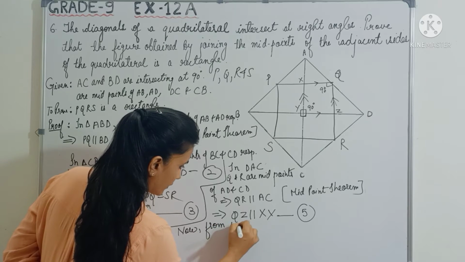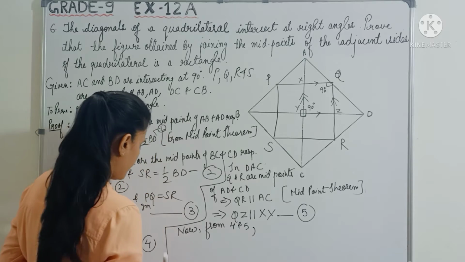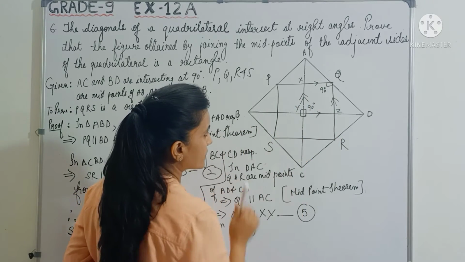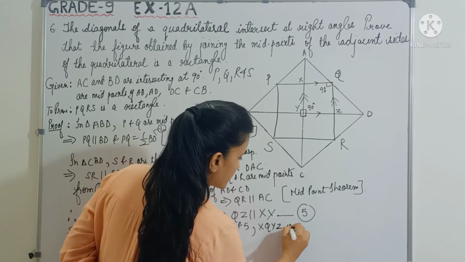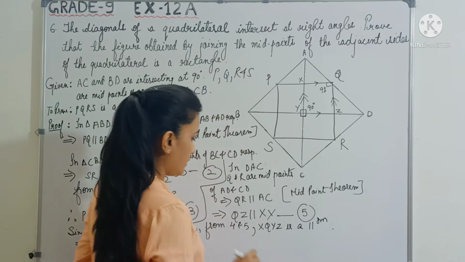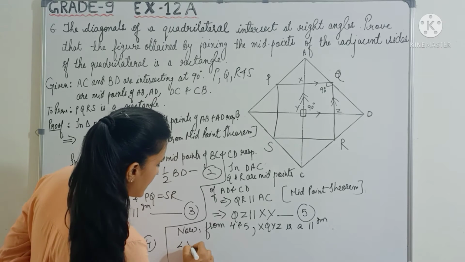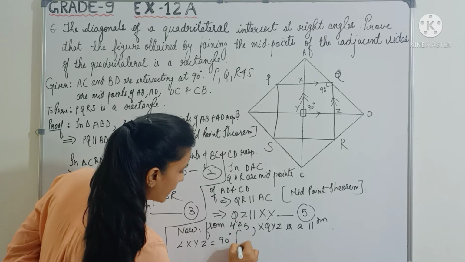From 4 and 5, you can conclude that XQYZ is a parallelogram, right? Now, angle XYZ is 90 degrees, right? Why is it 90?